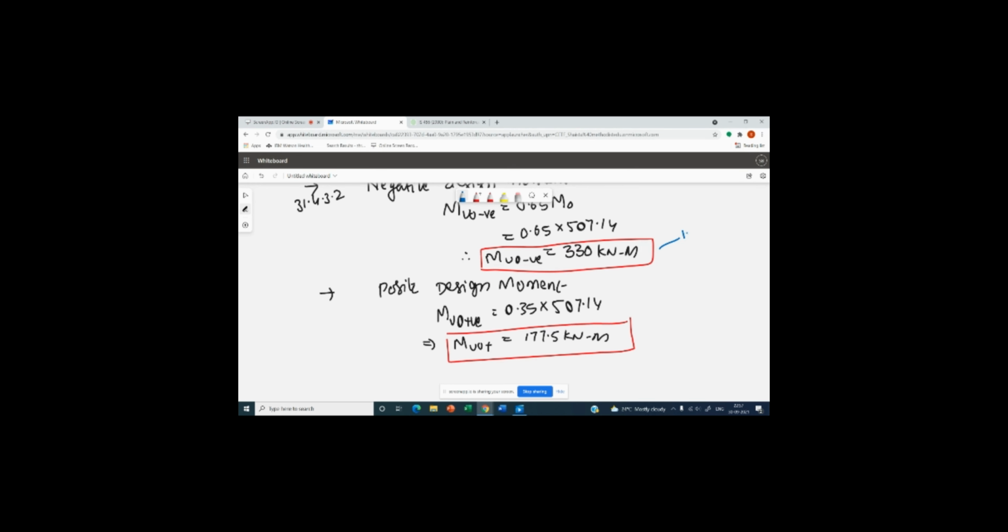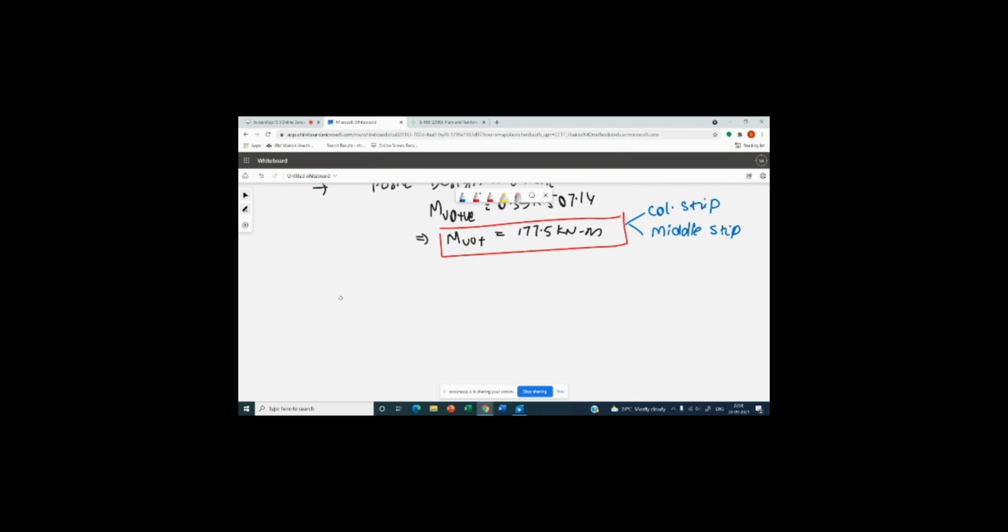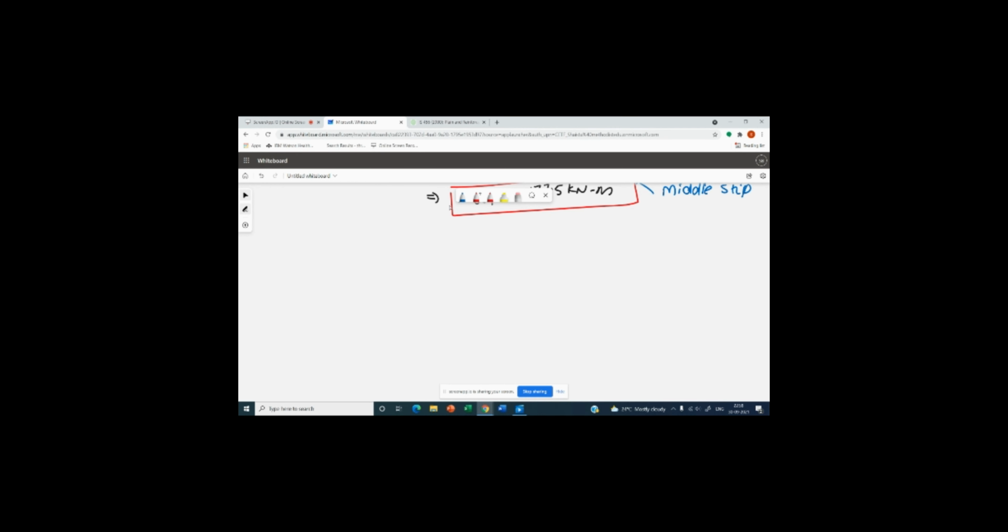We have to distribute it to the column strip and middle strip. How much bending moment will be taken up by the column strip and how much by the middle strip is as per the IS 456 clauses. Once we distribute those, then we can calculate the maximum bending moment thickness. Our next step will be the distribution of the bending moments.